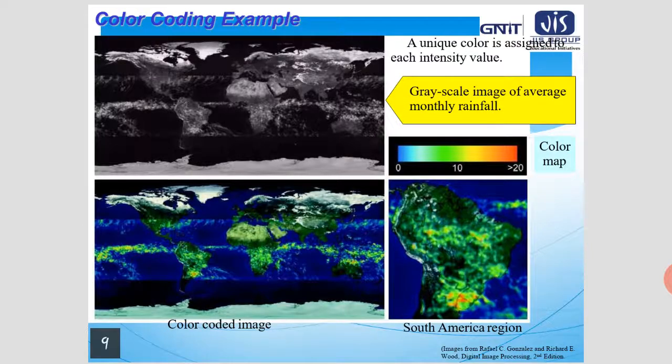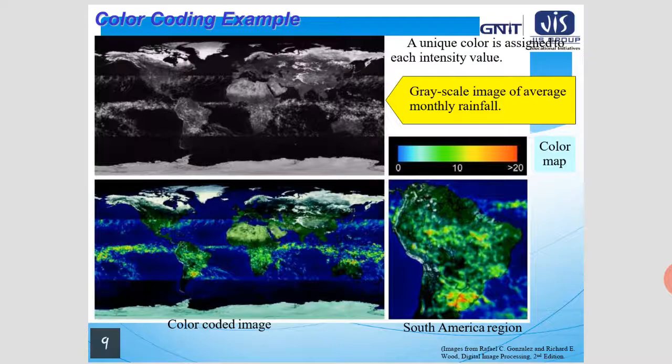Now this is the color coding example. Here we can see some color images and grayscale images. Here a satellite image in grayscale has been taken where a unique color is assigned to each intensity value. The grayscale image of average monthly rainfall has been described here, but it is not clear to us as it is in grayscale values.